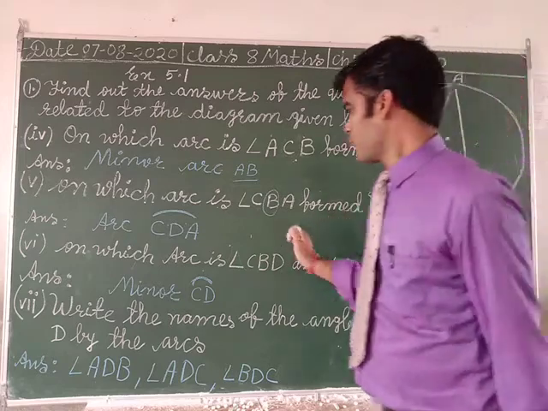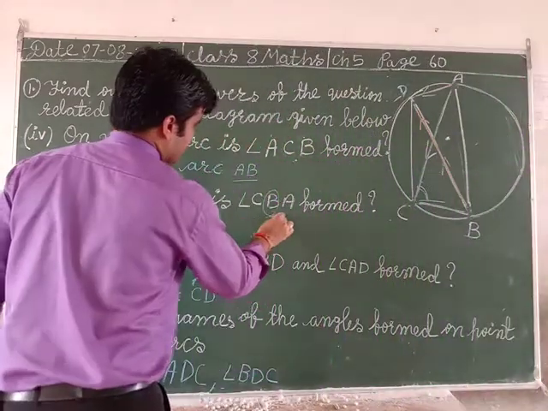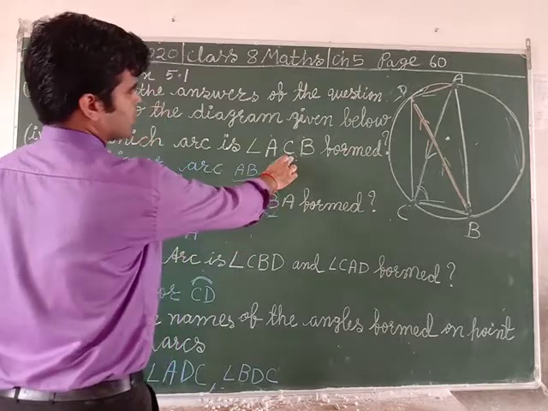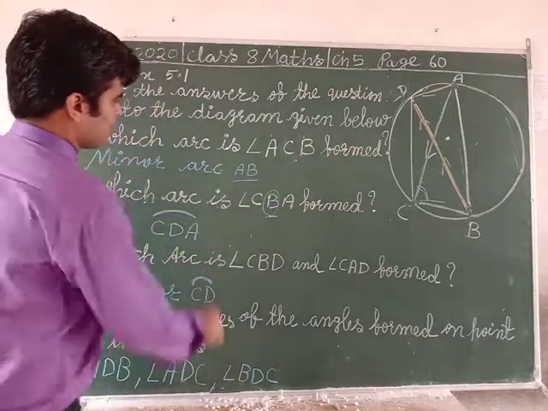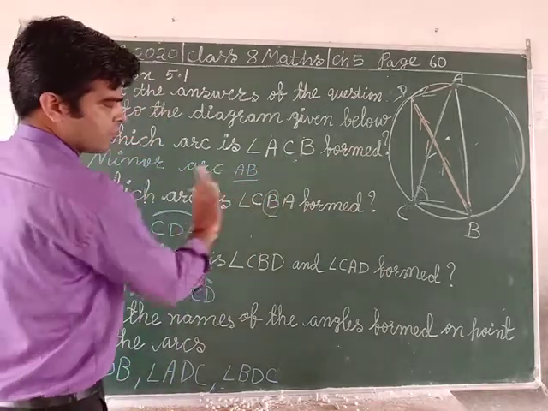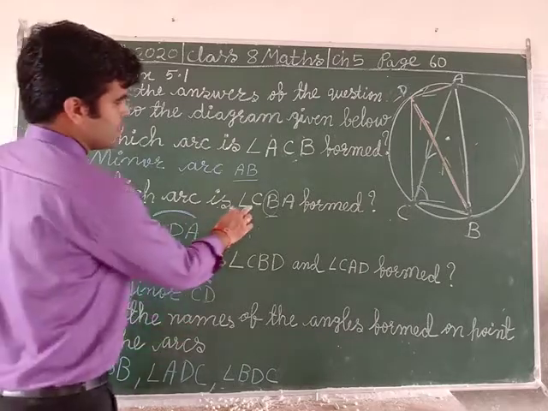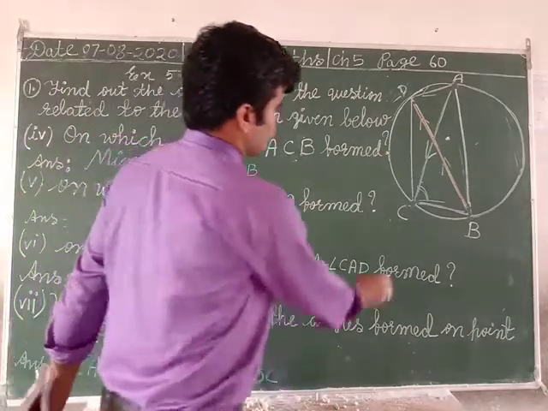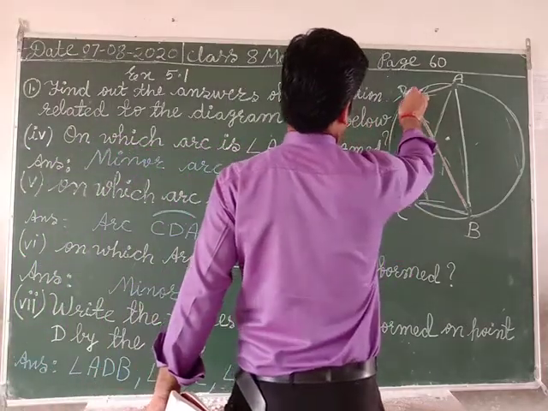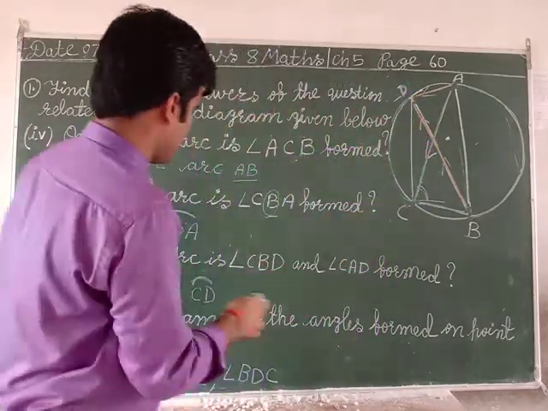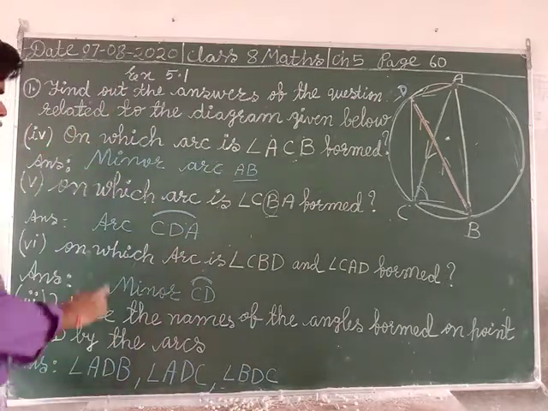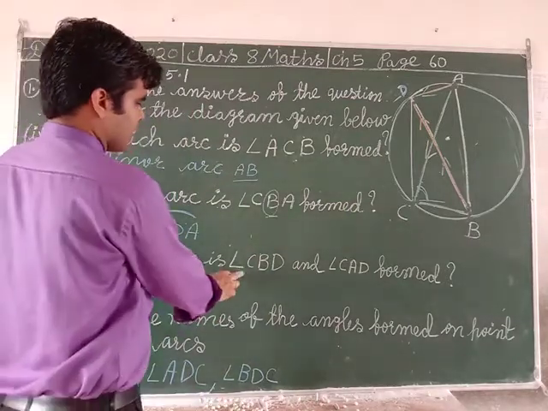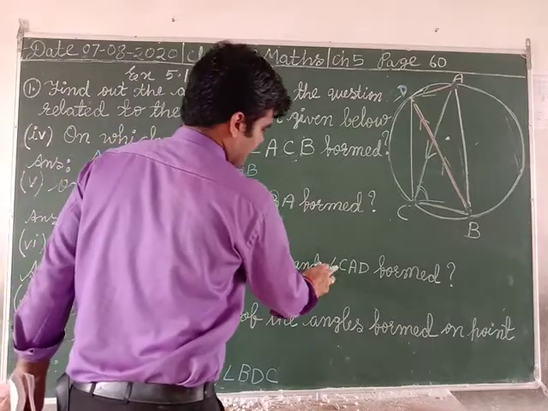Simply, you left out the middle term. Here also, if you miss this term, what do you get? AB, so minor arc AB. Here also you cut the middle term, and what is left is CA. But when you go through the arc CA, there is a point B, so you have to mention arc CBA. Now, on which arc are angle CBD and angle CAD?